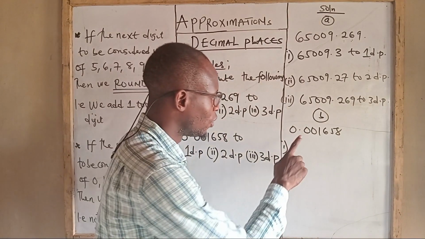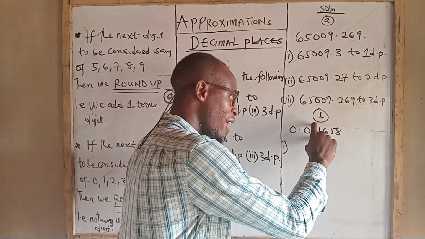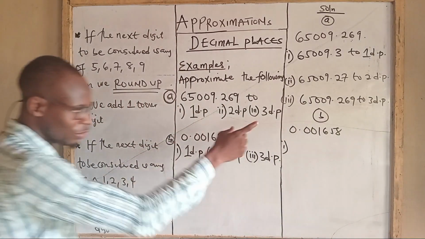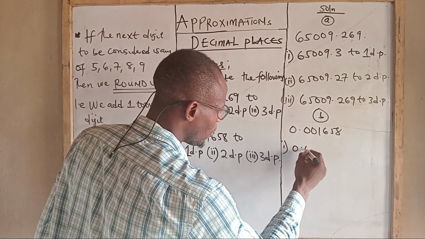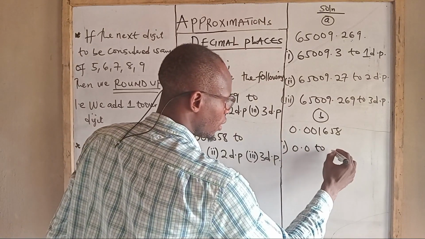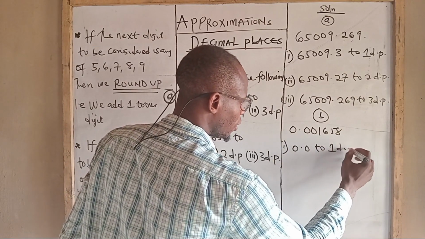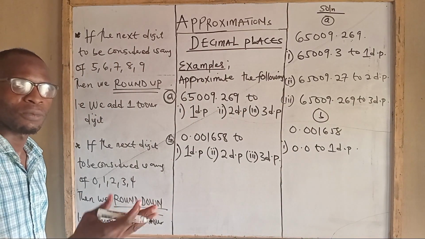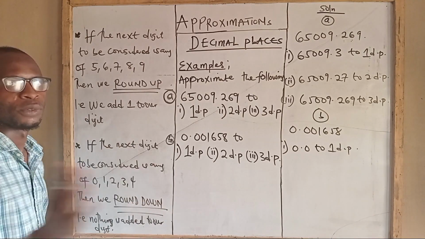So if I count 1, the next digit here falls in the category of round down. That means the number remains as 0.0, it does not have any effect. In this case, 1 decimal place does not have any effect on this number, because 0.0 is the same thing as 0.00, the same thing as 0 itself.